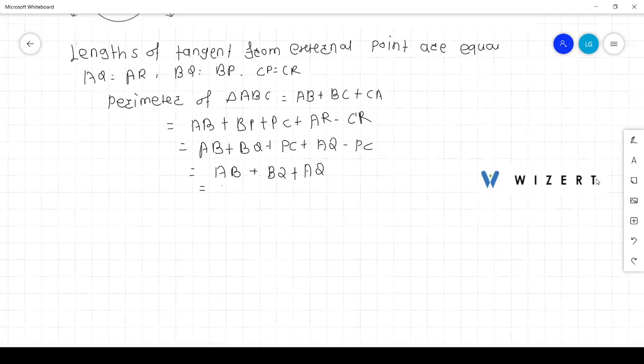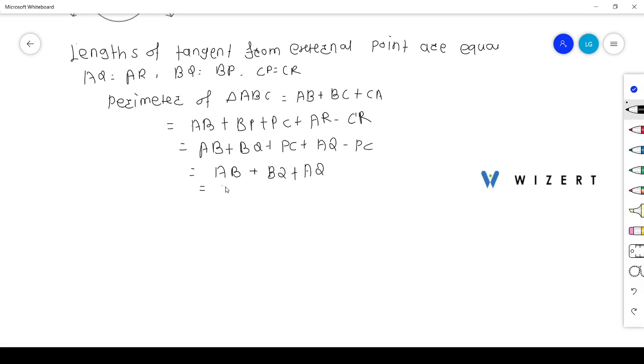So it is AQ plus AQ, that is 2 times AQ. Hence AQ equals to 1/2 perimeter of triangle ABC.